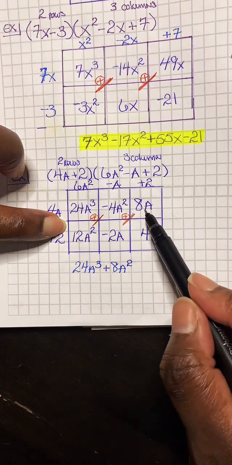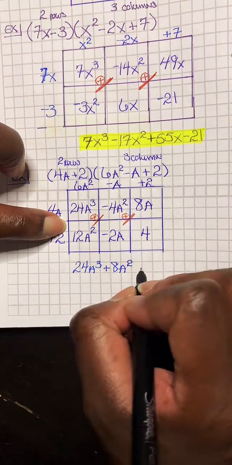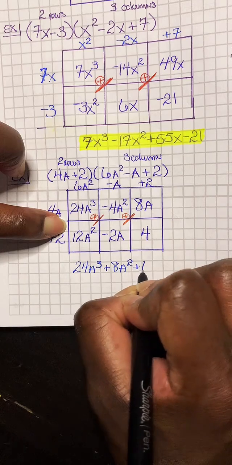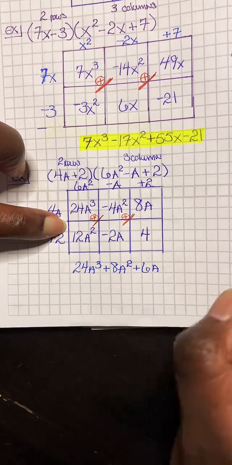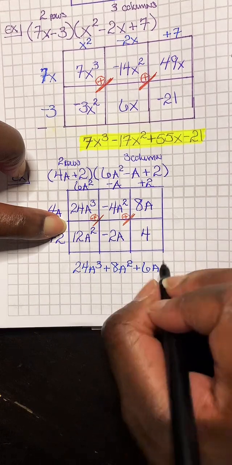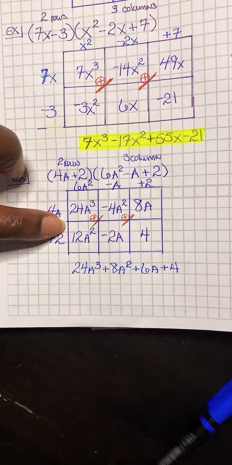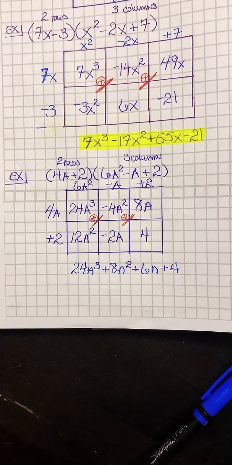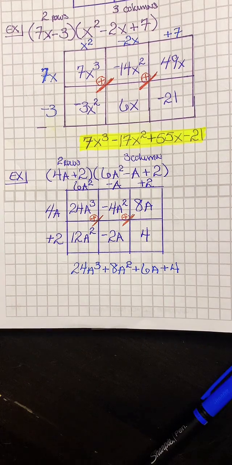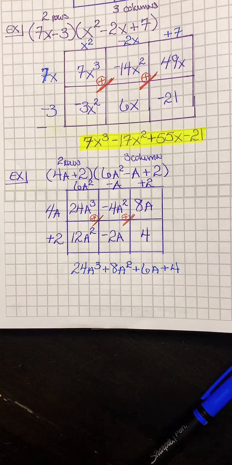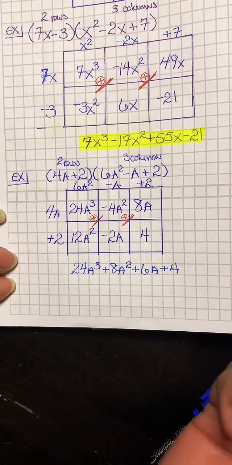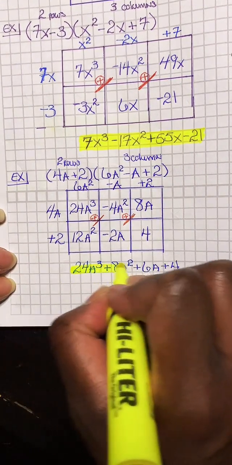Then we have 8 plus a negative 2. That gives me plus 6a. And what remained is my positive 4. And my final answer is going to be 24a cubed plus 8a squared plus 6a plus 4.